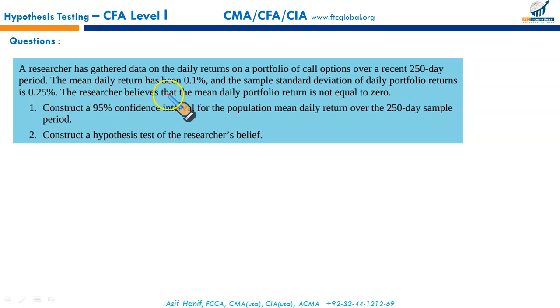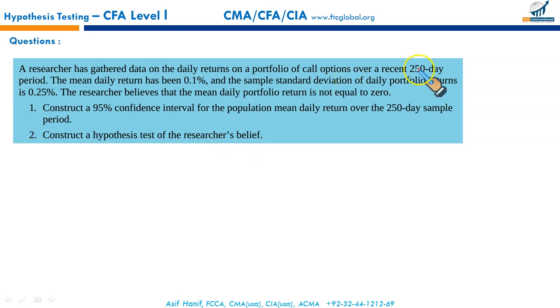The researcher believes that the mean daily portfolio return is not equal to 0. Okay. Now first, construct a 95% confidence interval for the population mean daily return over the 250-day sample period, and then later construct a hypothesis test for the researcher's belief. Now let us do the first part first.